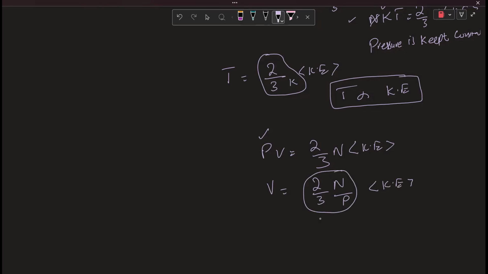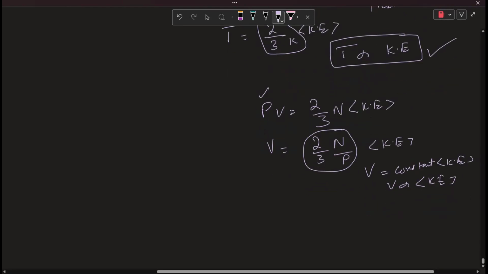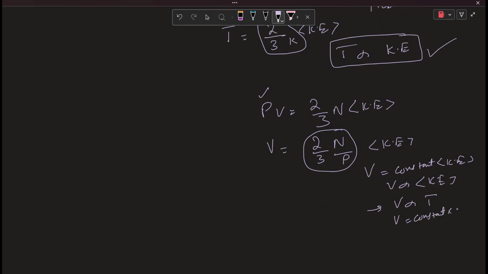This whole factor is constant. So V is equals to constant into kinetic energy, and V is proportional to kinetic energy. But we already have discussed that T is proportional to kinetic energy, that means V is also proportional to temperature, and this is Charles' law. From here, V equals to constant into temperature and V over T equals to constant comes.